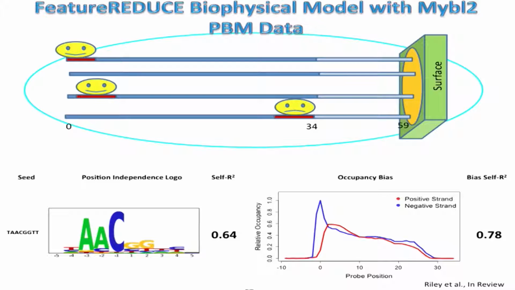So here's my cartoon representation of one spot on a PBM array, and there are 44,000 of these spots. What I'm showing here, the happy faces and sad faces, are the proteins binding to these binding sites, which are characterized in red.